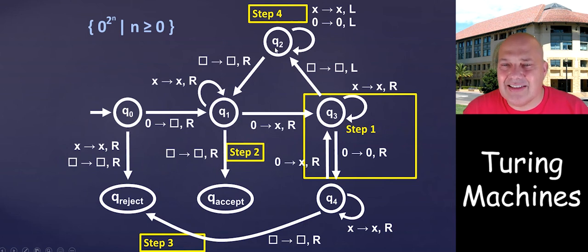I think this is the step where you go all the way back to the beginning. After you finish halving, you're going back, right? And while you go back, you're going left, and you're keeping whatever is on the tape as is. So when you read an X, you write an X, you see a 0, you write a 0.